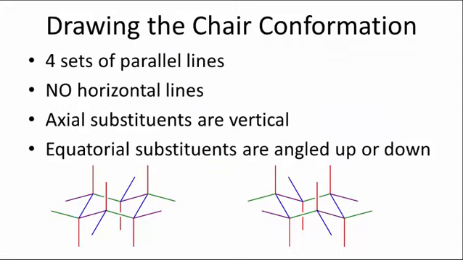When we draw it, these are strict conventions for how to draw these structures. Every chair structure should be made of 4 sets of parallel lines. The actual ring itself is only 3 sets of parallel lines. But then when you add in the substituents, you get the 4th set, which are the ones that go straight up and down. So if you look at these two, the way I've drawn them on the board, at each carbon, and it might be a little easier to see if I turn out the lights for a minute.